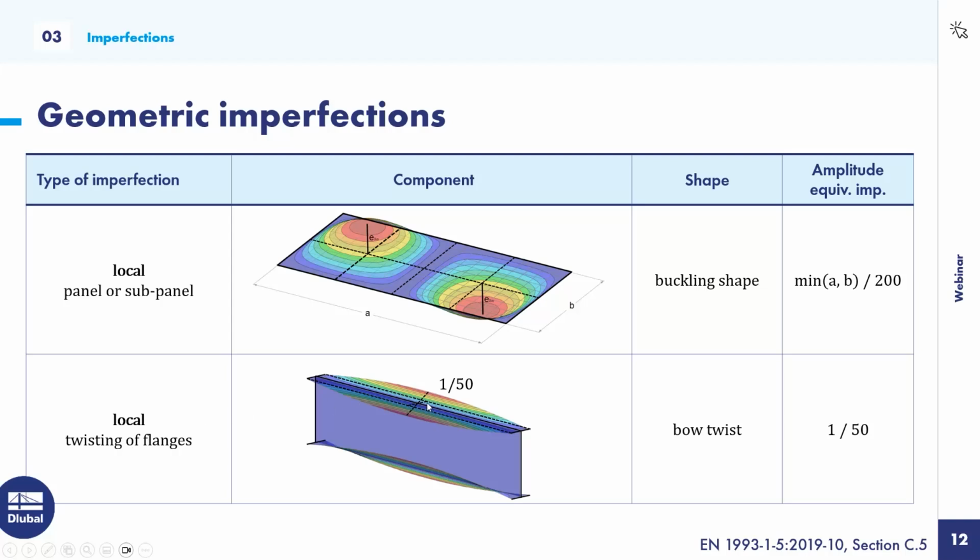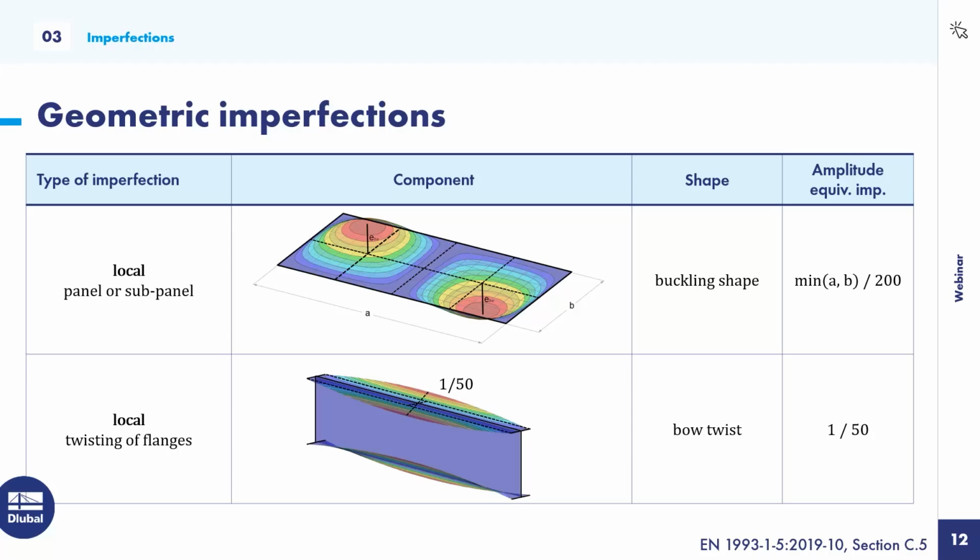And the question is again, how do we do this in our program? Because neither the static nor the buckling imperfection type are really helpful in this case. But what we can always do in this kind of analysis, we can always burn or engrave the imperfection into our basic geometry.